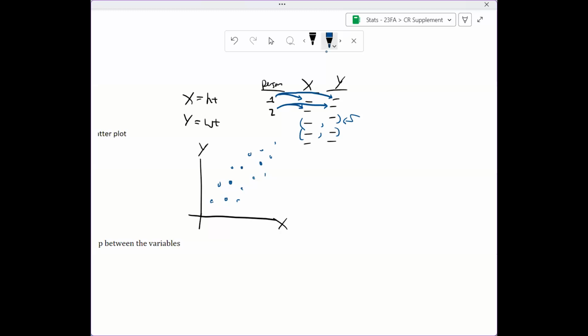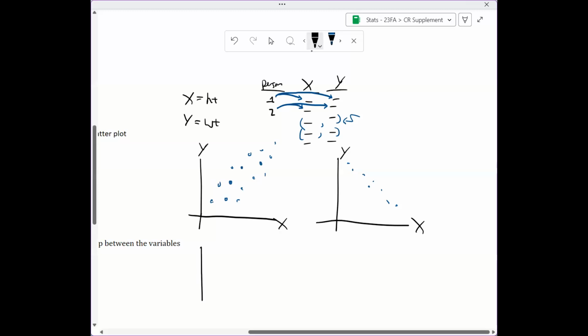I could imagine I could have a scatter plot that looks, say, like this for a different scenario. I could have a scatter plot that looks maybe something like this, again, in a different scenario, where the dots are just somewhat uniformly distributed on this interval in x and y.